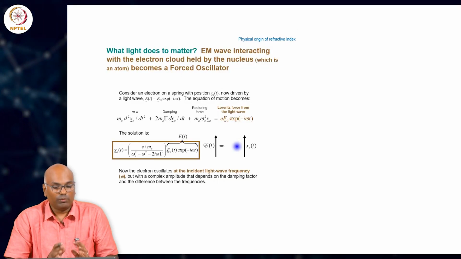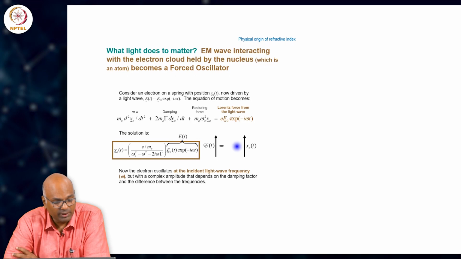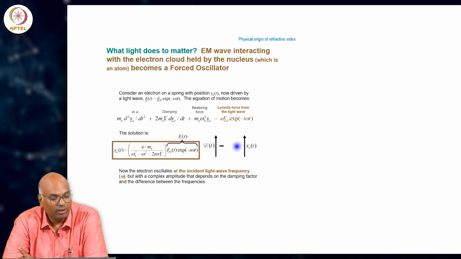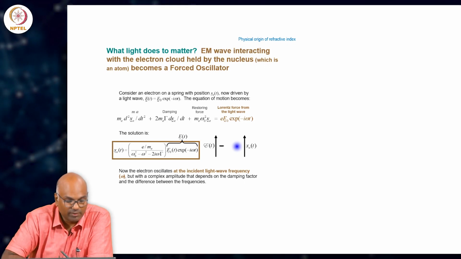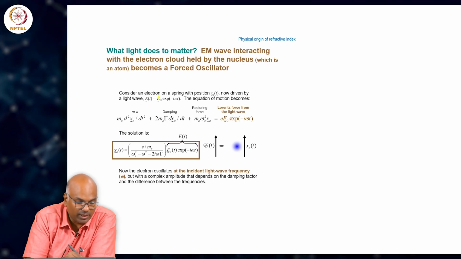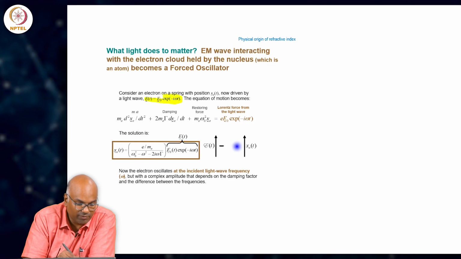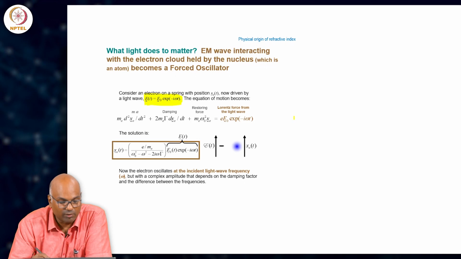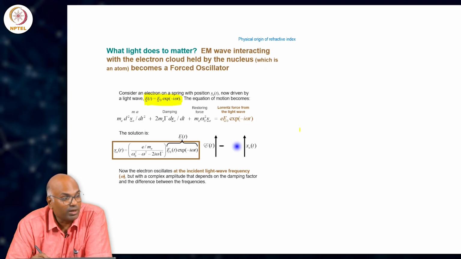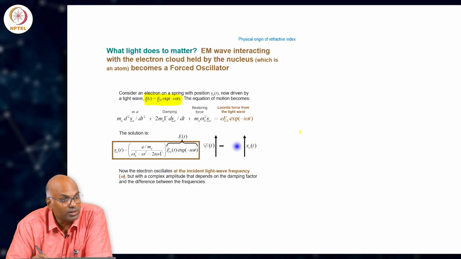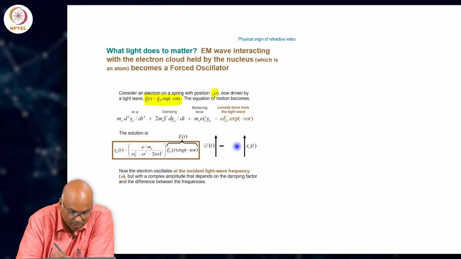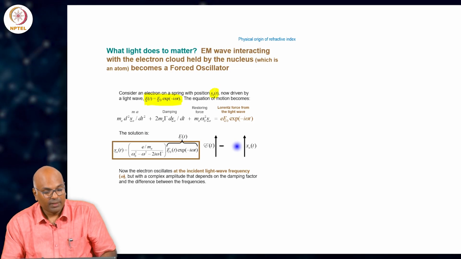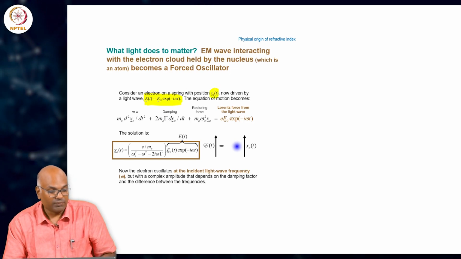Okay, so what light does to matter can be captured using a very elegant mathematical model, considering the fact that we just saw that the electromagnetic wave with an electric field of E naught e^{i omega t}, which we are experts in writing down by now, can drive the electron cloud and displace it from its equilibrium position x_c of t, and it can make it oscillate as a function of time.